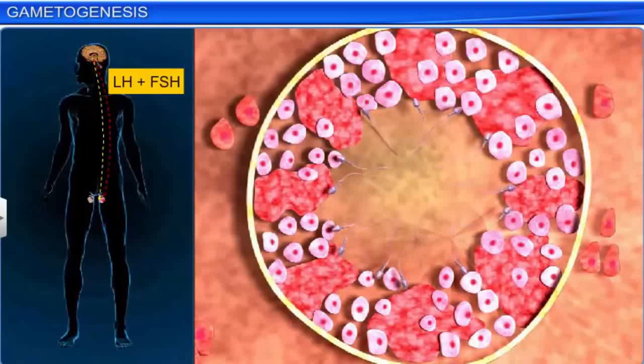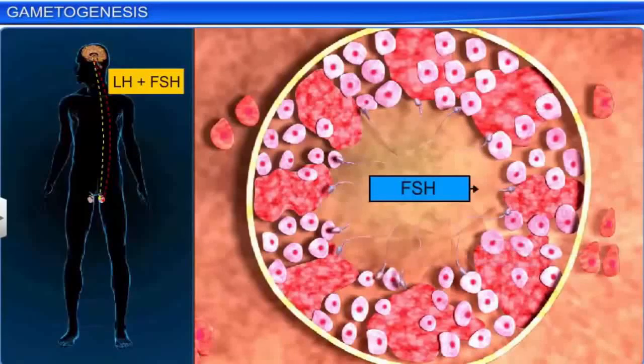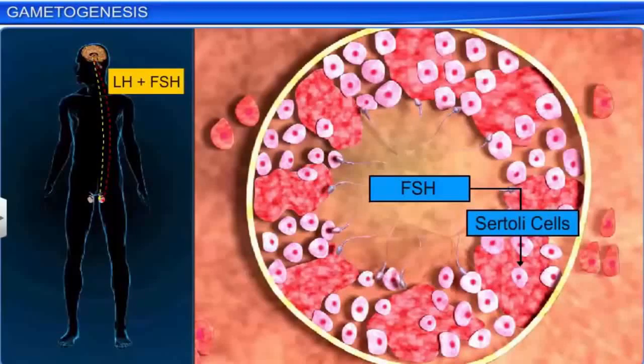LH in turn stimulates the Leydig cells to synthesize and secrete androgen, a hormone that triggers spermatogenesis. FSH, on the other hand, acts on the Sertoli cells to stimulate the secretion of substances that nurture sperm cells during spermatogenesis.